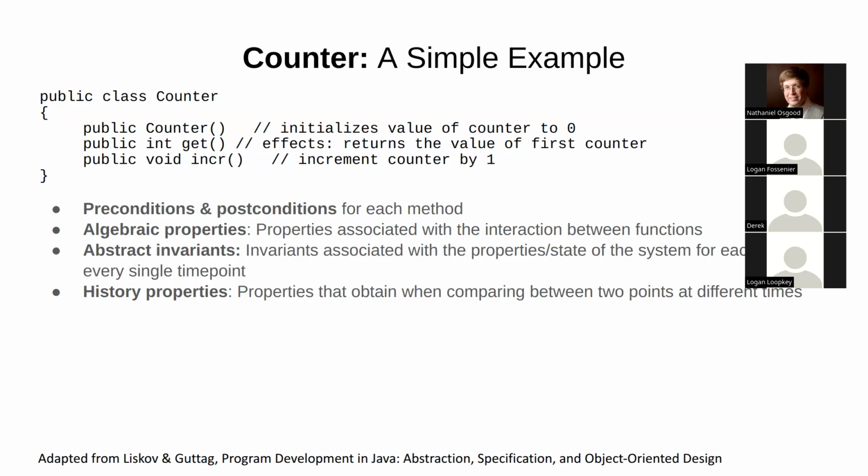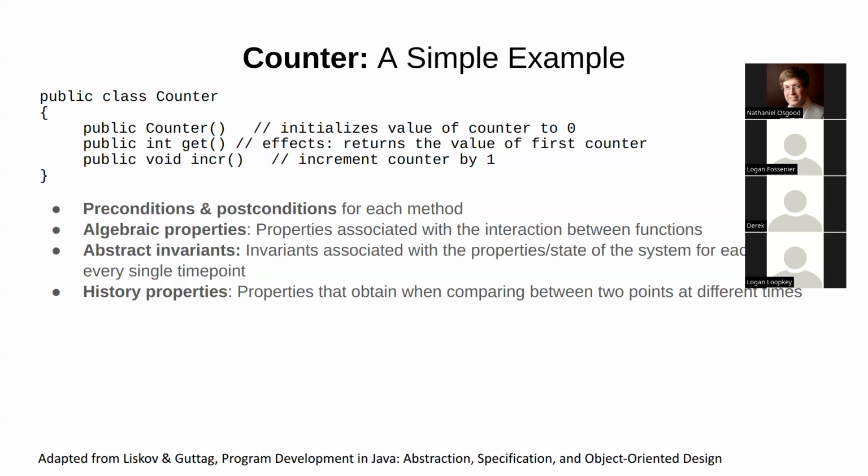Excellent. So if we consider it now, or at a time t, and we call get, it'll have some value. And if we consider some later time, call it t prime, the value then will always be greater than or equal to the value now, the value at time t.